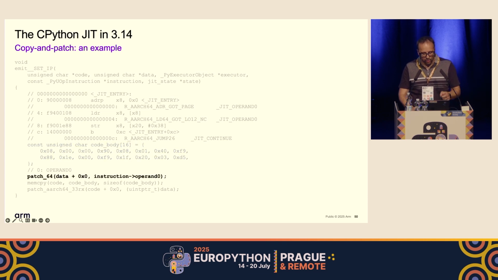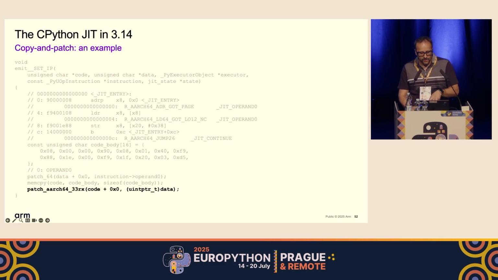It patches the operand using patch64, which writes the actual runtime value. It copies the stencil into the code buffer with memcpy. Then it calls this function, which is called patch_aarch64_33rx. And this is where it gets a bit clever.